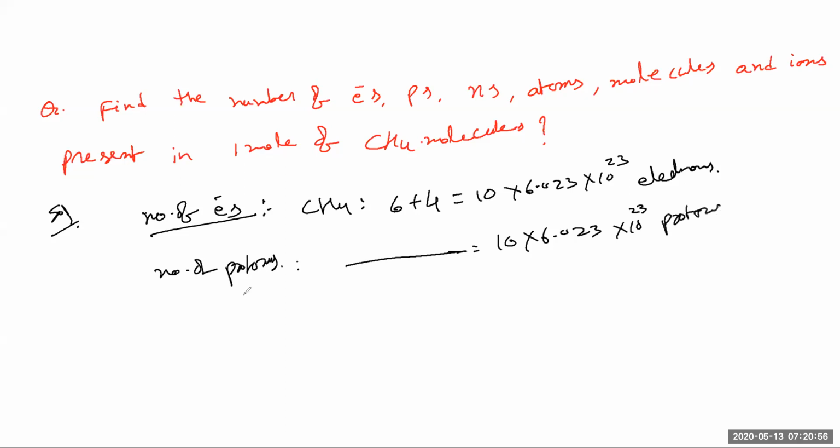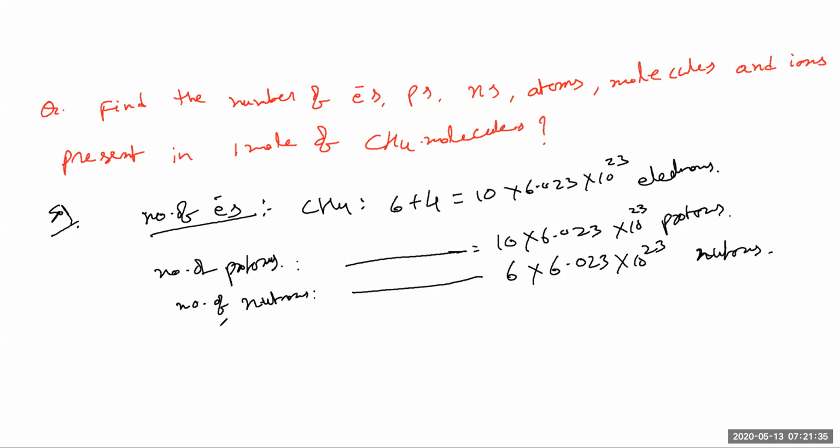Next, number of neutrons. Carbon contains 6 neutrons, but hydrogen has no neutron. H11 means 1 minus 1 is 0. So only carbon contains neutrons. That means 6 into Avogadro number of neutrons, right?